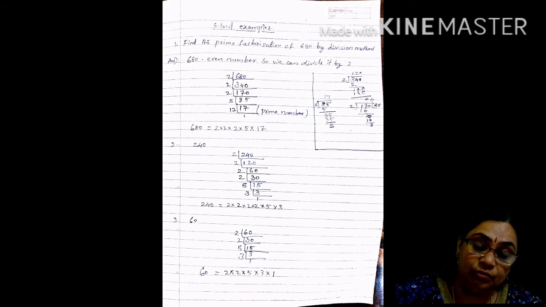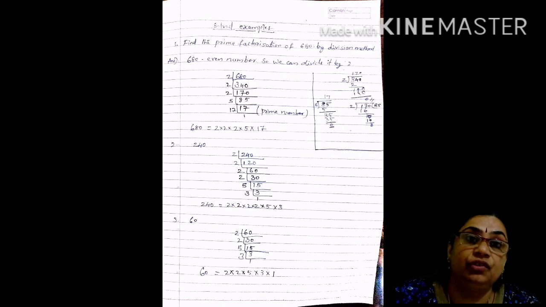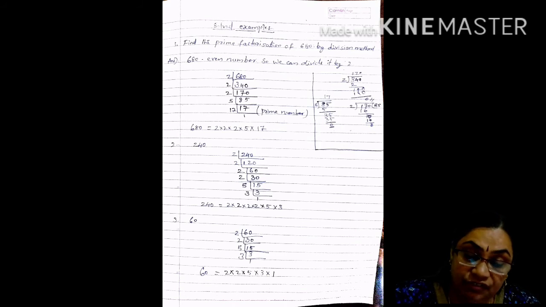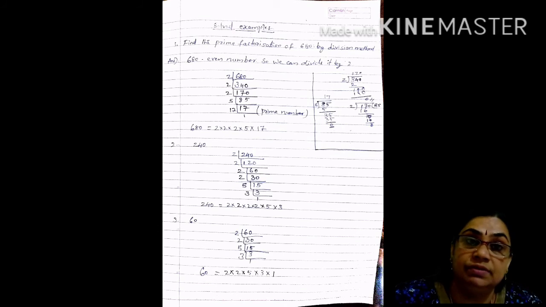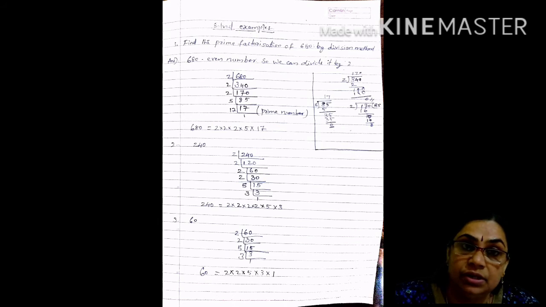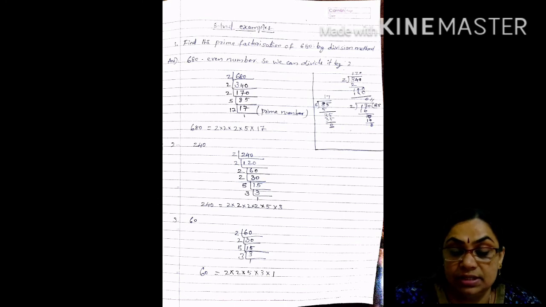So now I will try for 5. 85 divided by 5 is 17. Now 17 is a prime number, so we cannot divide it by any other number. So 17 divided by 17, we get 1 as the result.